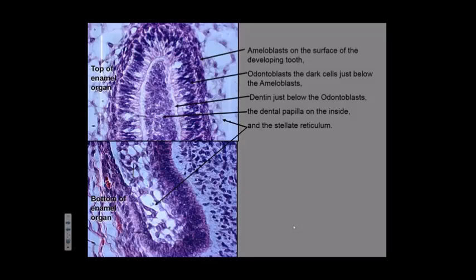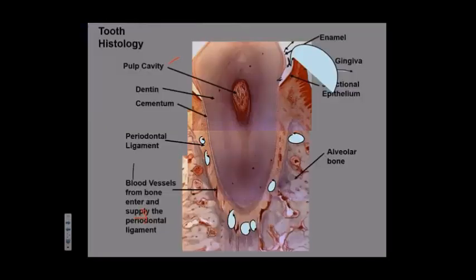This is the top of the organ up here, and this is the edge of the organ on the bottom. Same structures, just higher magnification. So here is your tooth.